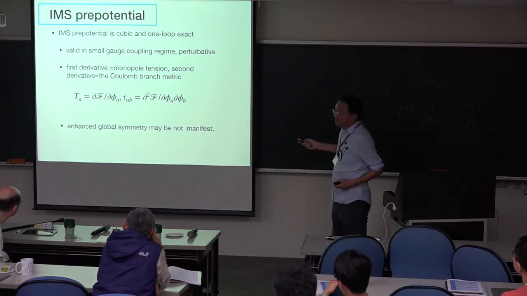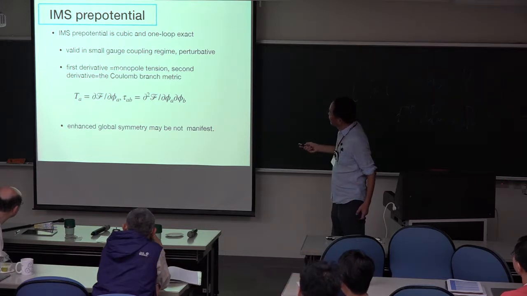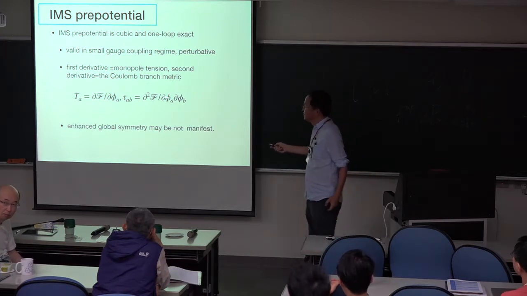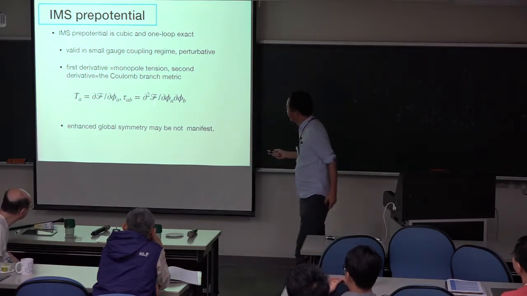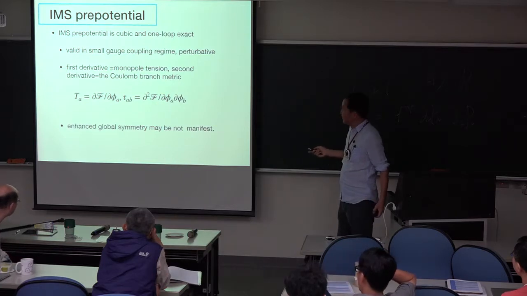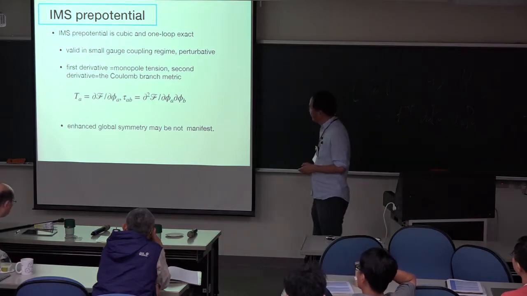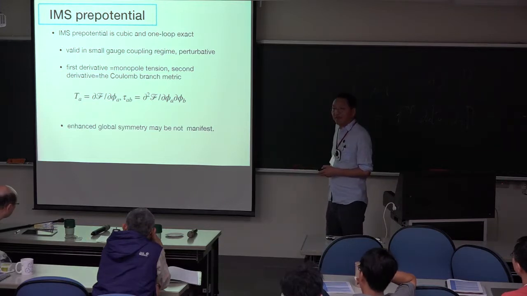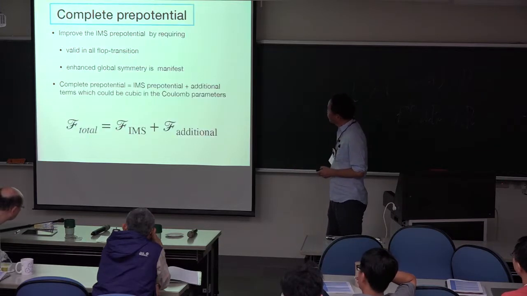And also, the IMS prepotential has been used to calculate the magnetic monopole string tensions, which are BPS, and there's also a coupling constant depending on the quadratic derivative of the prepotential. But the enhanced global symmetry is invisible.